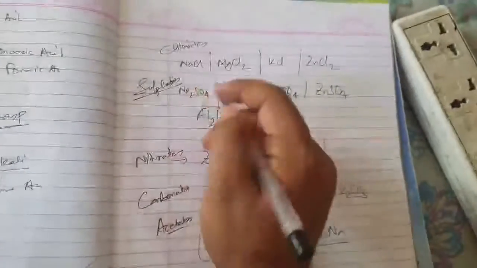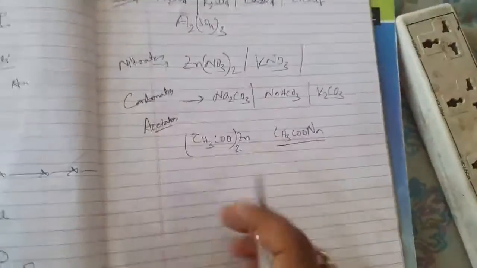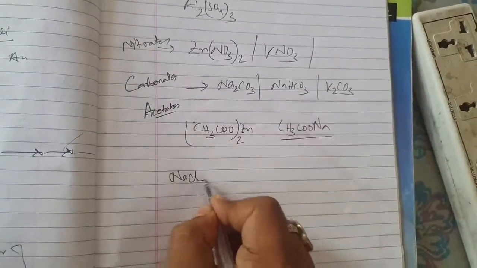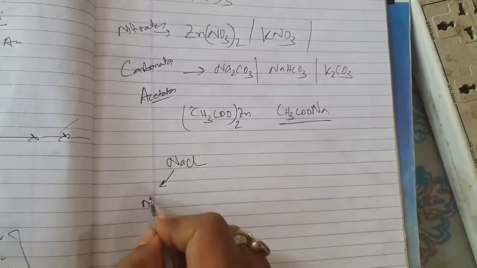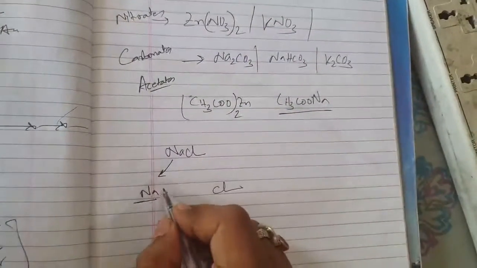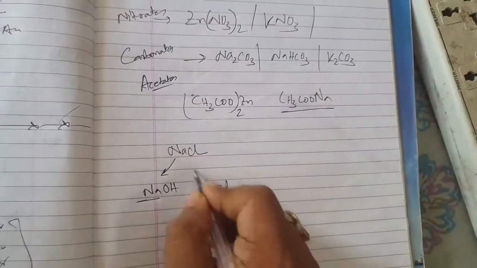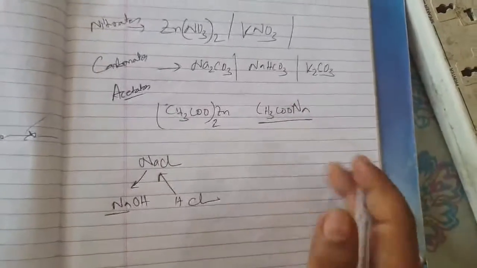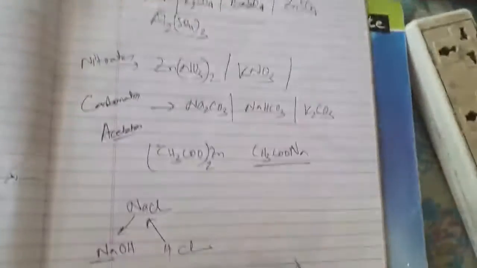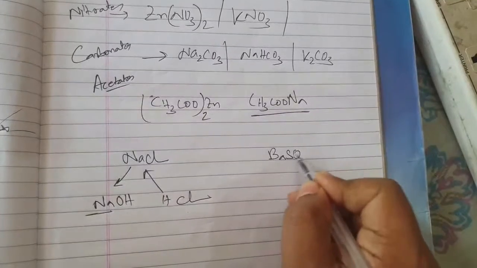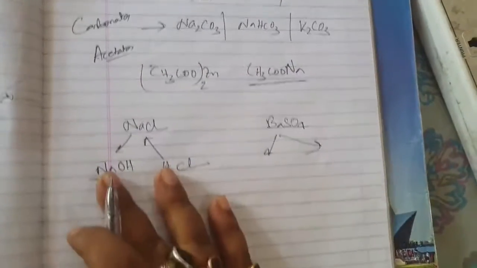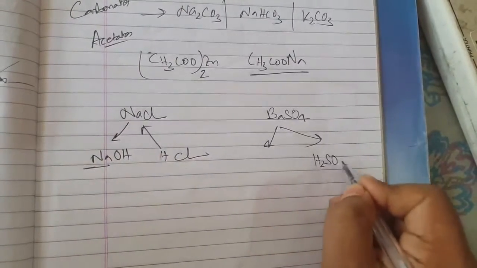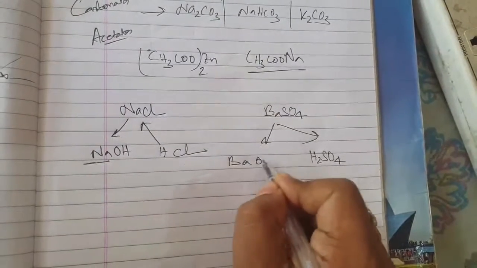Now if I ask from where these salts are coming, suppose if anyone writes NaCl in front of your face, separate it: the Na comes from the base and the Cl comes from the acid. It must be NaOH and HCl. Right or wrong? Suppose if anybody gives you BaSO4, a base and an acid, the acid has to be H2SO4 and the base has to be Ba(OH)2, isn't it?